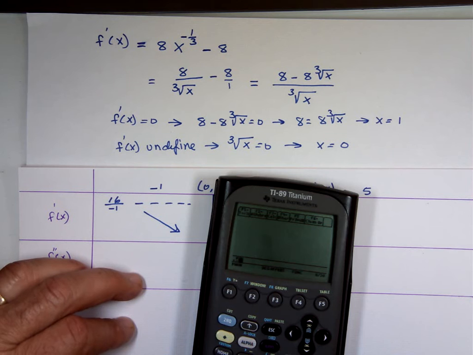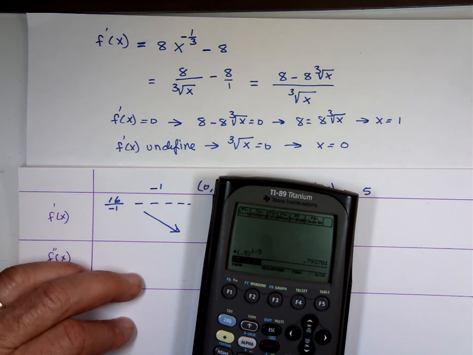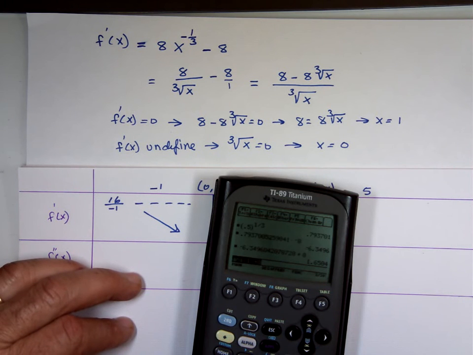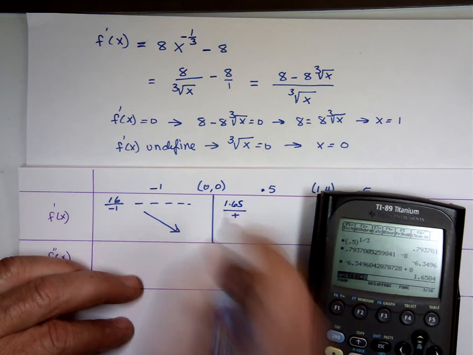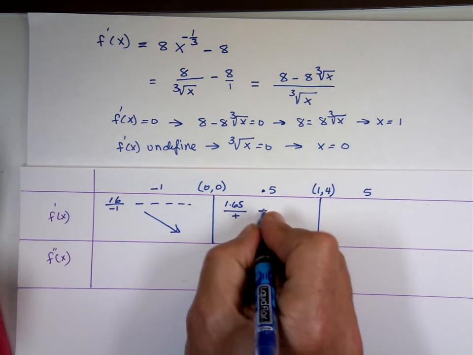That's the cube root of 0.5. 0.79 times the negative 8 plus the 8. So the top is 1.65 over a positive number. A positive over a positive, that's a positive. And that means the function is increasing. That's the midpoint.